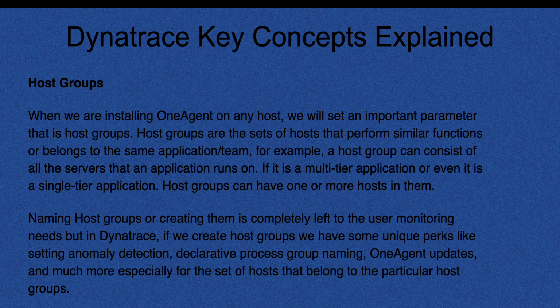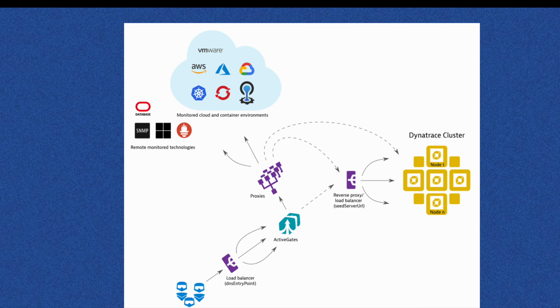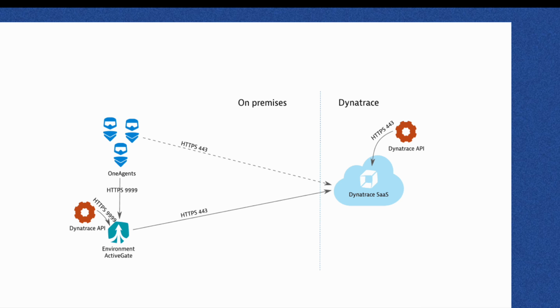We will be covering more about OneAgent further. We talked about Dynatrace cluster deployment. We talked about ActiveGates, and I will cover ActiveGate a little bit more. ActiveGate provides data aggregation, that is one.